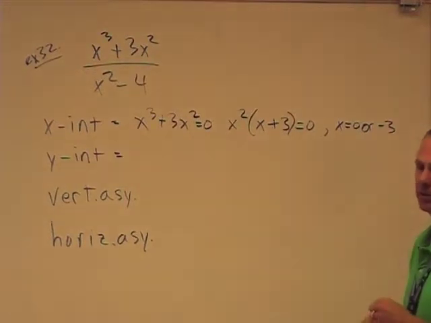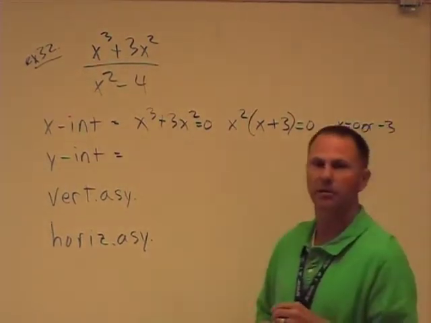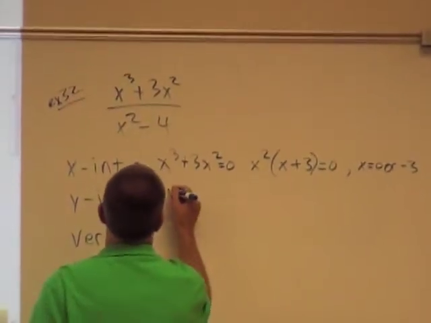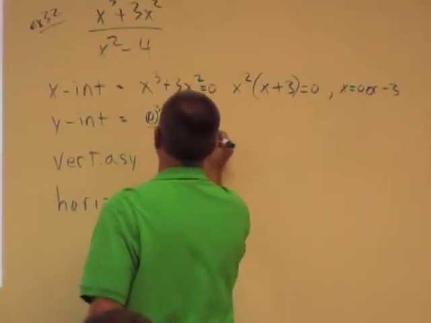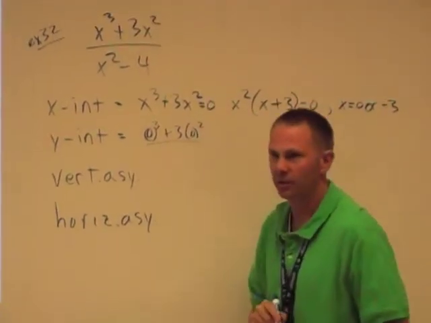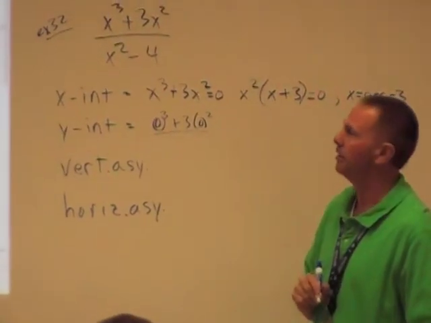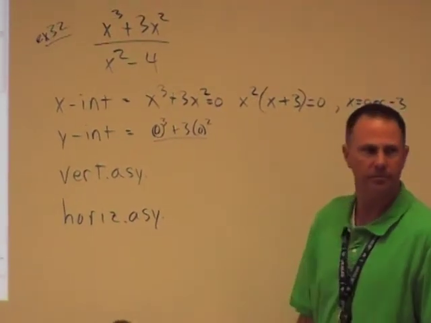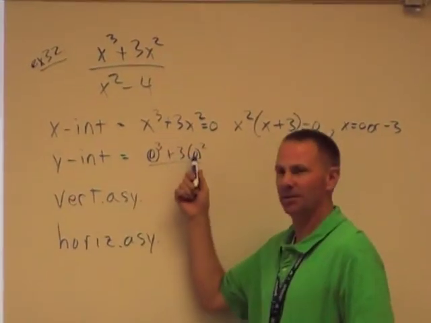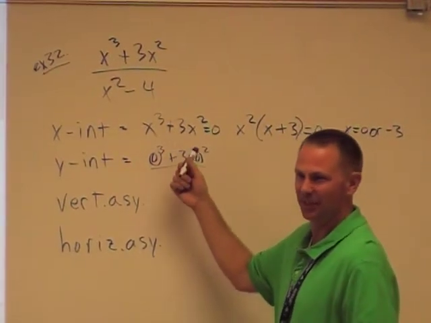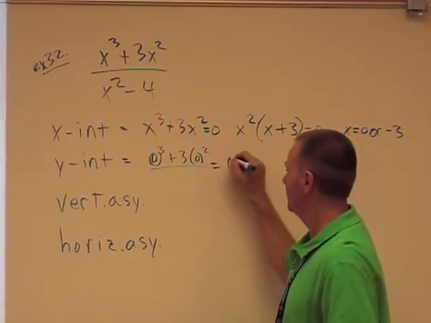Y-intercept. How do you find the y-intercept? Let x equals 0, so 0 cubed plus 3 times 0. Stop right there. What's the numerator? 0, so 0 plus 0 is 0. If you have 0 in your numerator, the answer is 0.